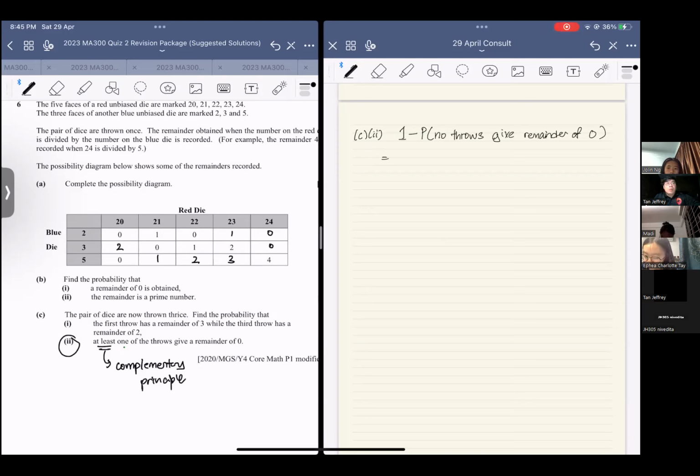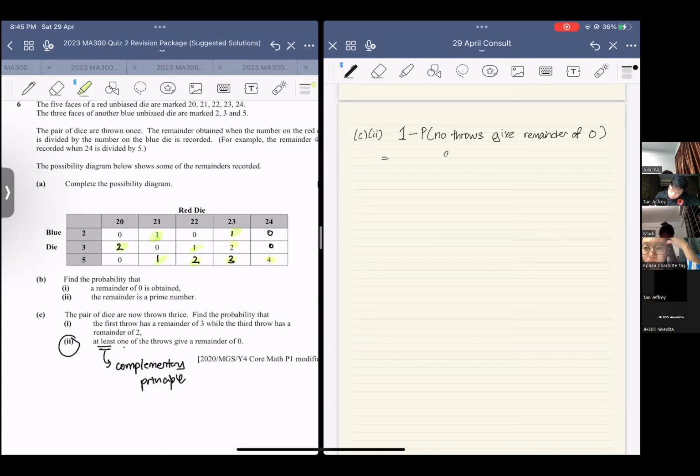I'm going to do it 3 times. In one throw, what's the probability that I get a remainder of 0? No throws give a remainder of 0. That means I'm looking at 1, 2, 3, 4, 5, 6, 7, 8, 9.